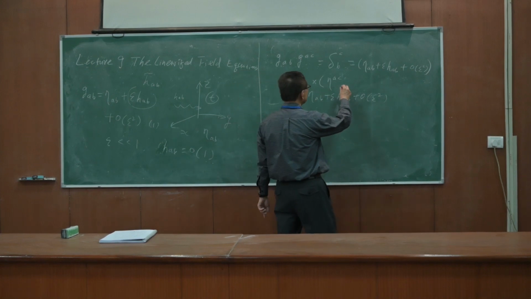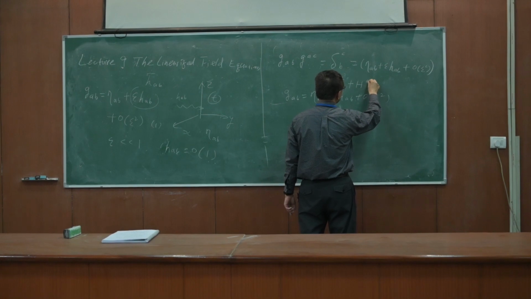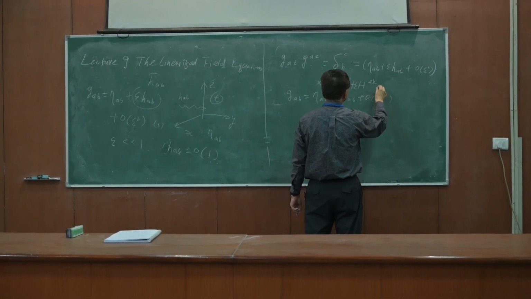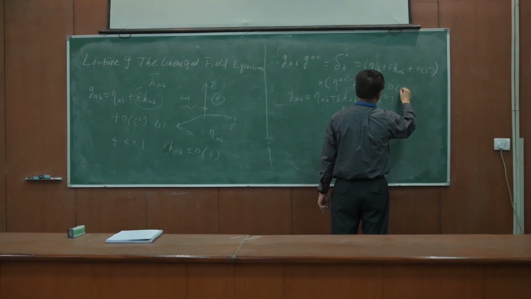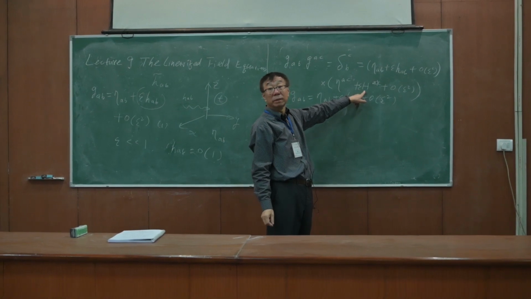So I have something, let's say, I want to put H_AB, H_AC, this is epsilon plus. I need to determine what this capital H_AB is, right?